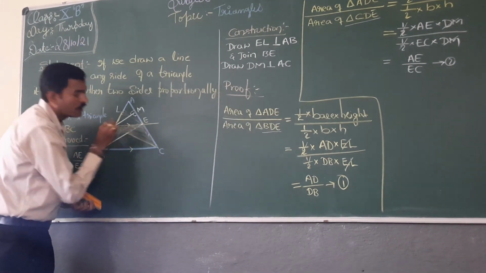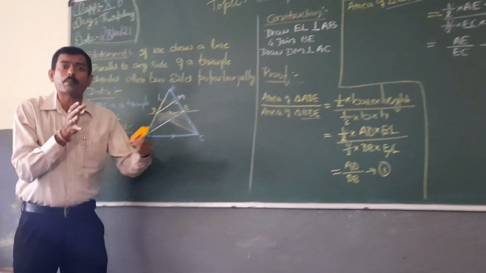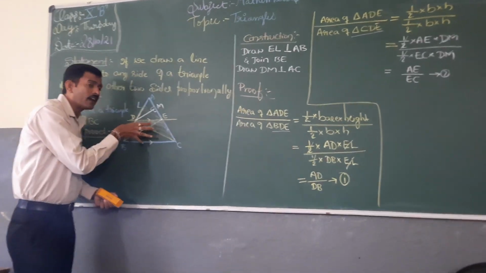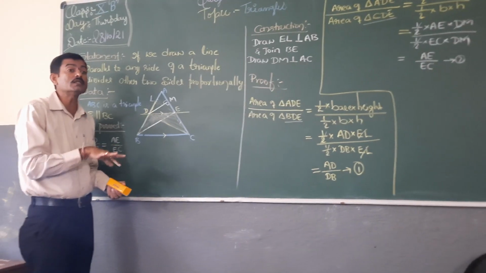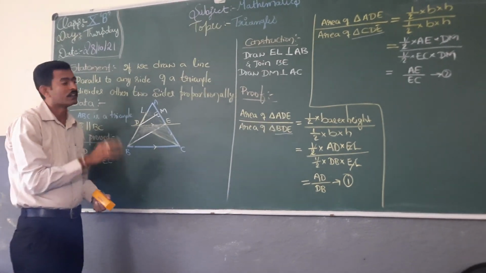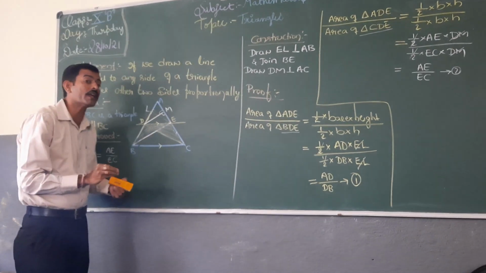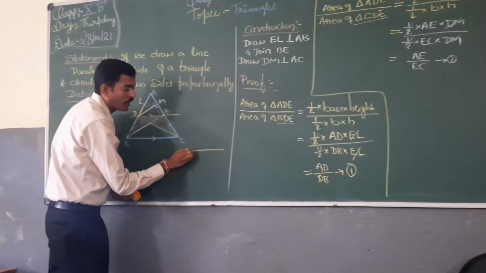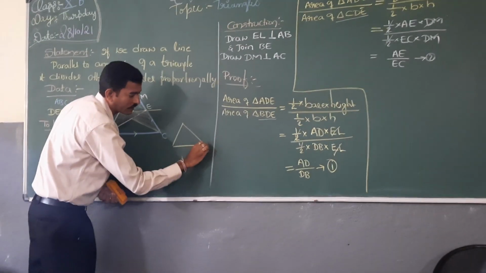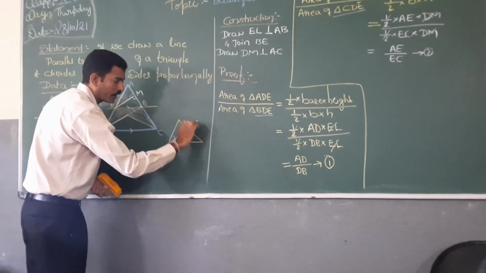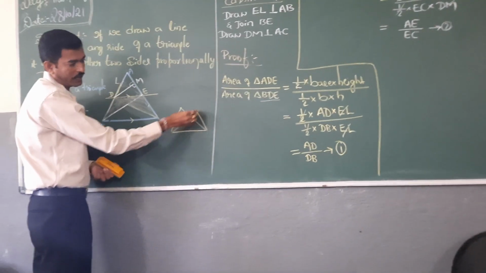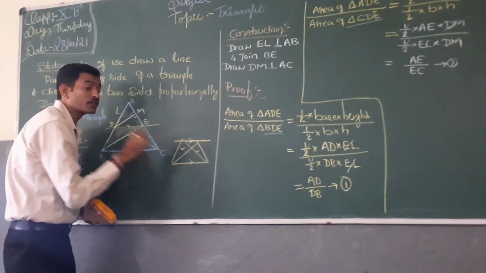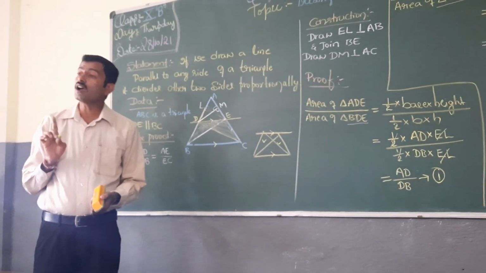Correct? Yes, sir. These two triangles, in our previous classes we already learnt: if triangles stand on the same base and lie between the same parallels, the areas of those triangles will be equal. Once again, understood, children?